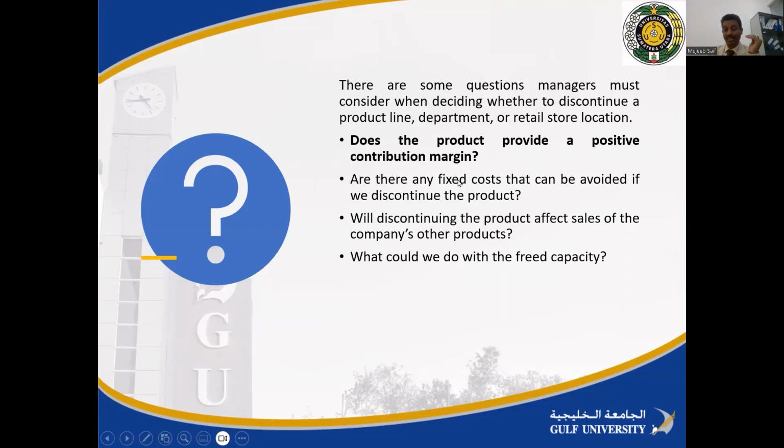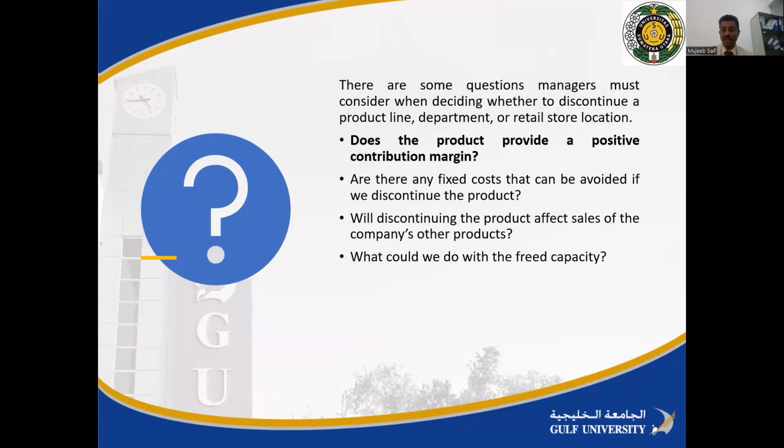Managers should also consider this question: is there any fixed cost that can be avoided if we close this production line? Definitely, we cannot avoid all fixed cost if we close the production line. Maybe we will avoid some amount, but you cannot say all fixed costs will be avoided. For example, I have a manufacturer and I produce 10 products.